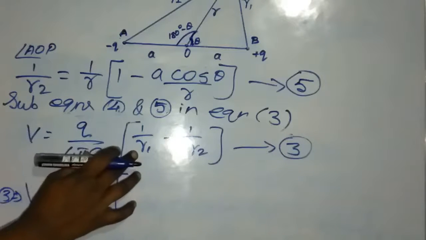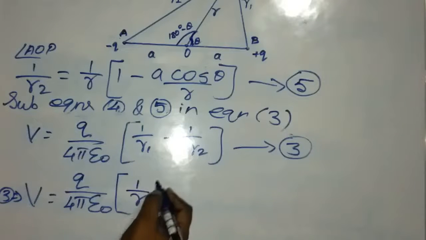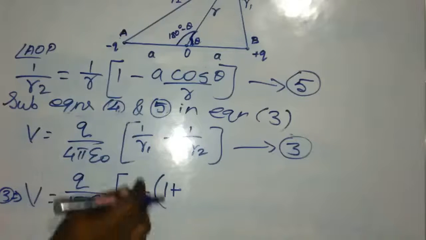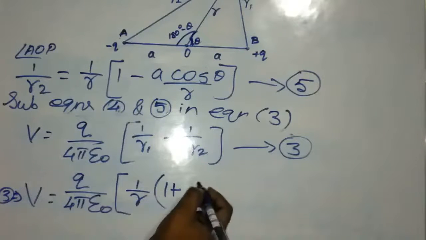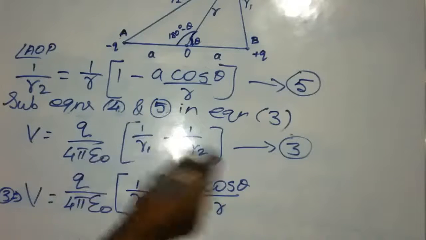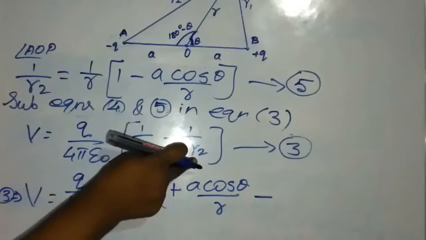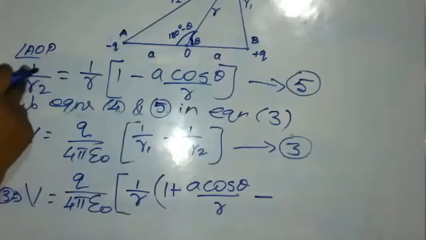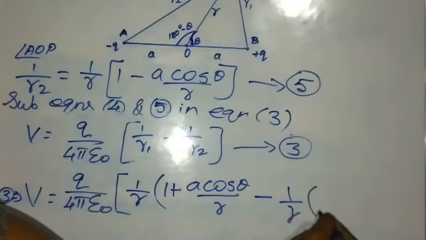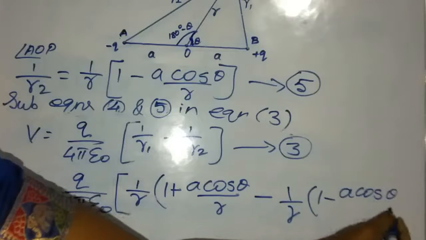Instead of 1 by R1, we are applying equation number 4, that is 1 by R into 1 plus A cos theta by R, minus 1 by R2. Instead of 1 by R2, we are substituting equation 5, so 1 by R into 1 minus A cos theta by R.